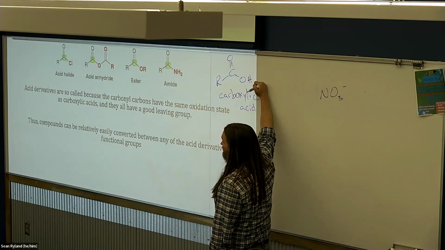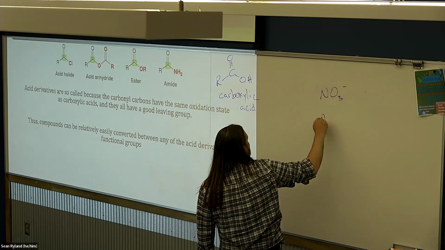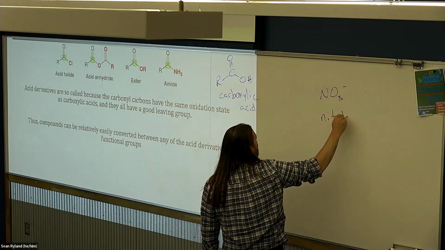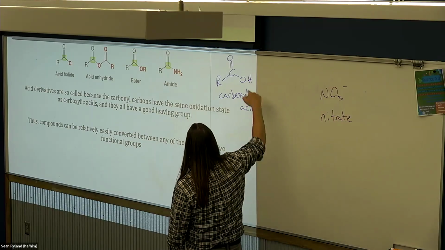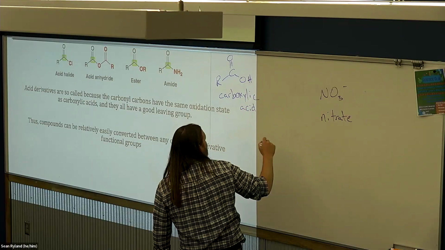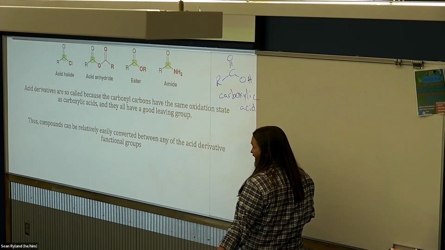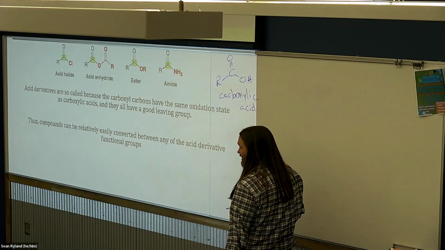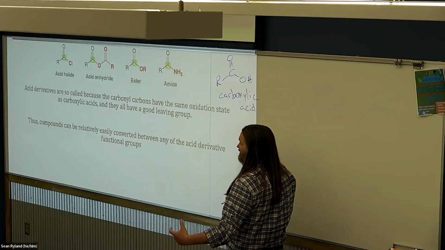So a deprotonated carboxylic acid is a carboxylate. Just like acetic acid, when it's deprotonated, is acetate. Benzoic acid, when it's deprotonated, is benzoate.